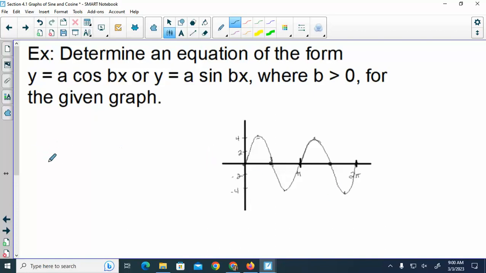Sine, because it started in the center. Was this one flipped? No. What was our amplitude? Okay, so it has a 4 in front.